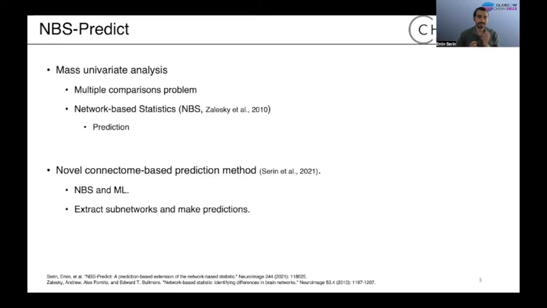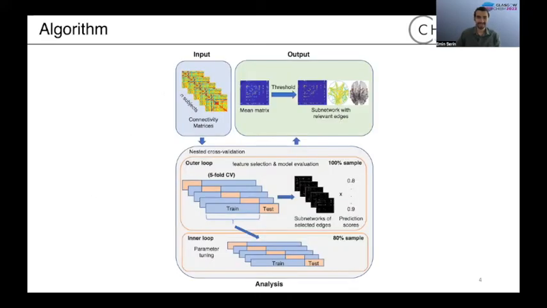With NBS-Predict, you can not only extract effect-associated subnetworks, but also make predictions at the level of individuals using these extracted subnetworks.